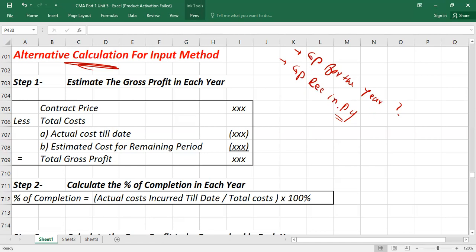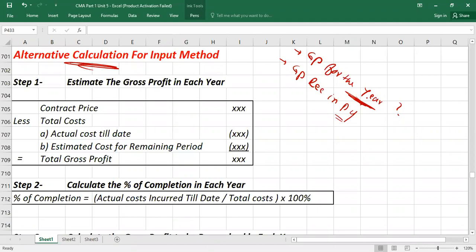Even if he's asking revenue for the year, but he didn't tell you gross profit recognized in the previous year, again I would suggest you do the first way. But if he told you GP recognized in the previous year, then I would suggest you follow this way, which I am solving.